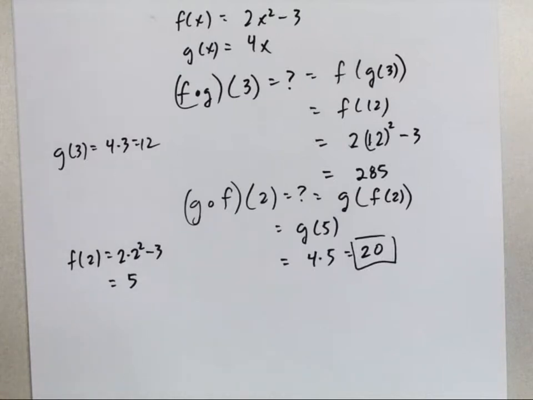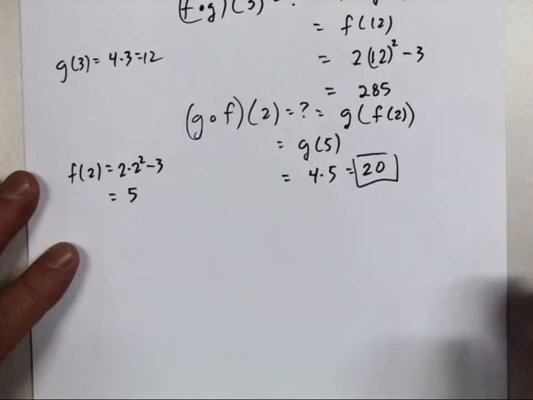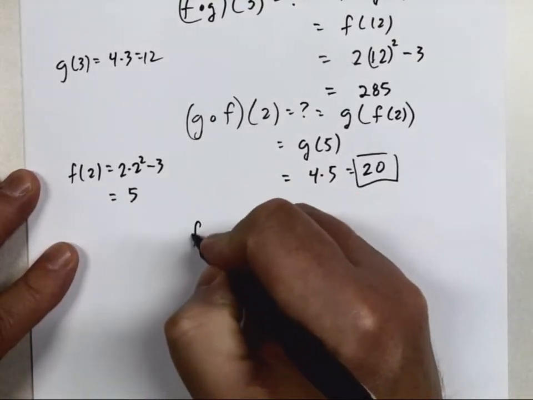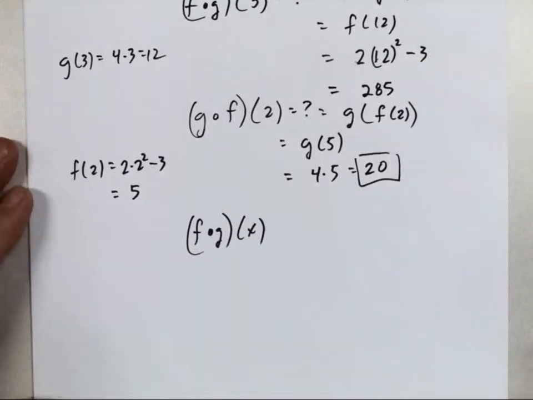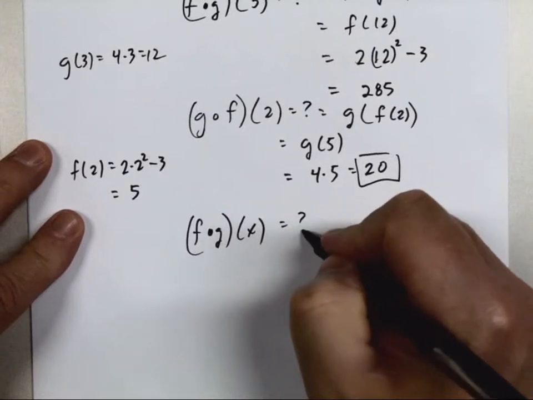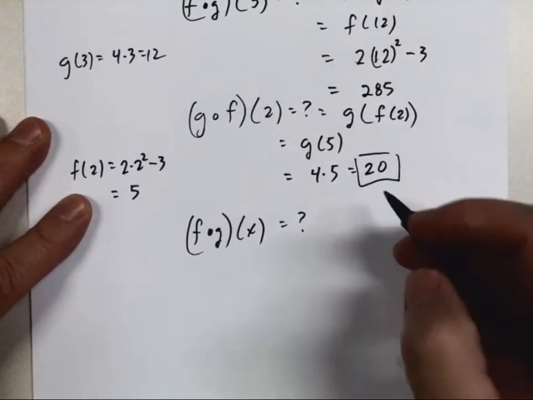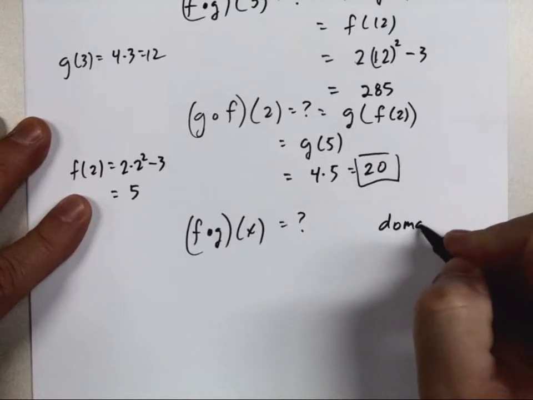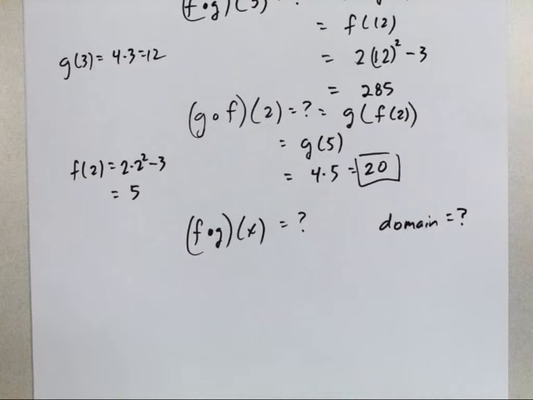Now, let's talk about one feature, one kind of problem they're going to ask you. Oftentimes, they'll ask you for a composite, and then they will also ask you for the domain.